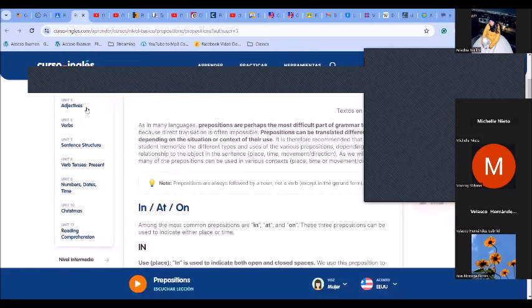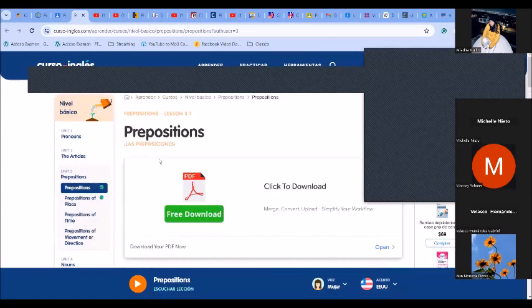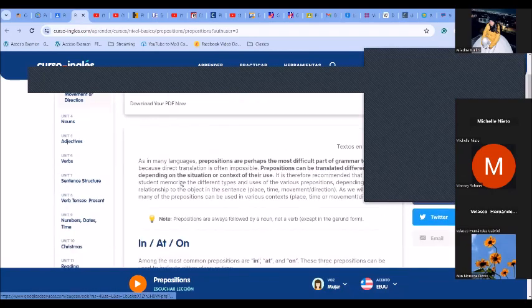So first, but not least, in, on, at. What are prepositions? Prepositions are those little words that help us with connecting ideas in English. They give our sentences context. They give them some clarity about time, place, direction, motion.